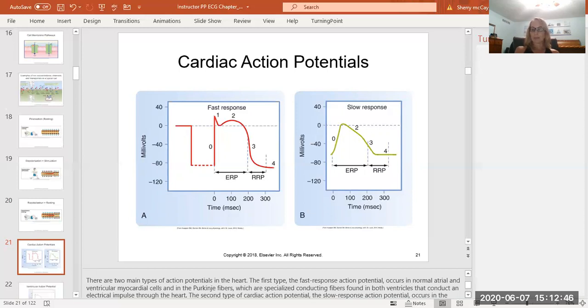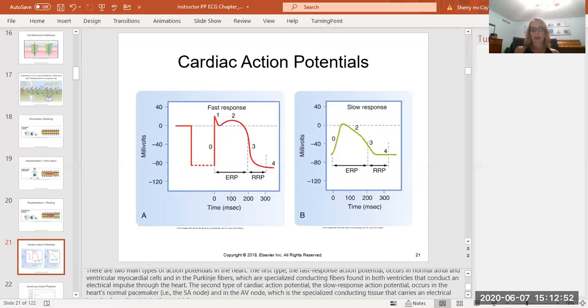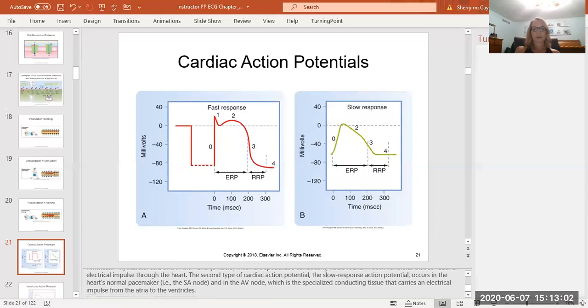The second type is the slow response action potential. It occurs in the heart's normal pacemaker, the SA node, and the AV node, which is specialized conducting tissue that carries an electrical impulse from the atria to the ventricles.